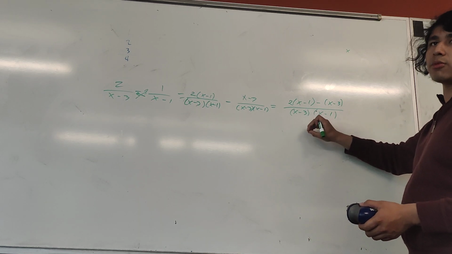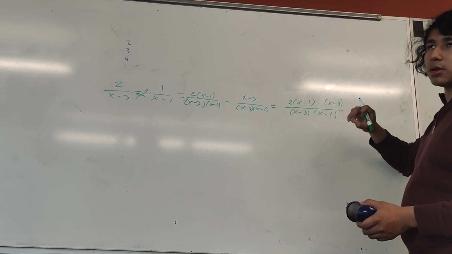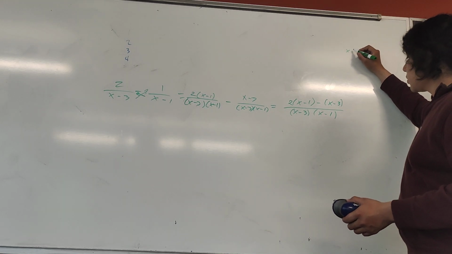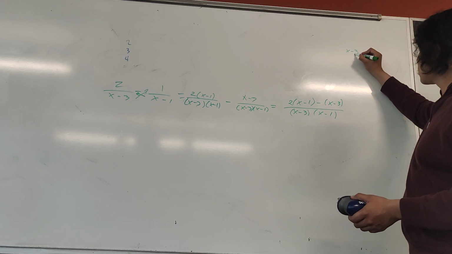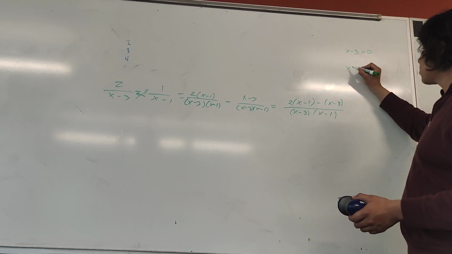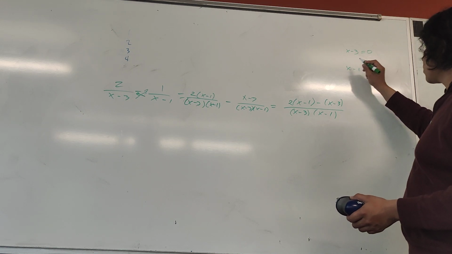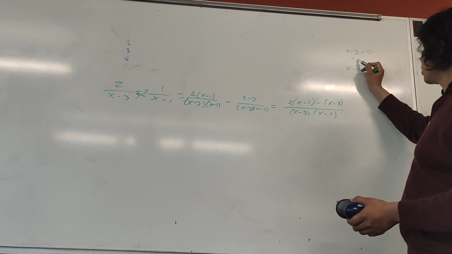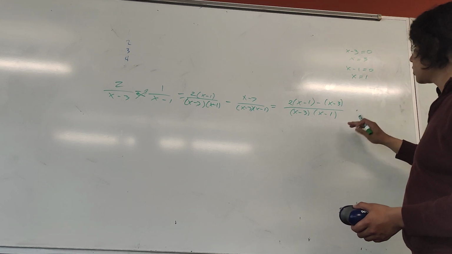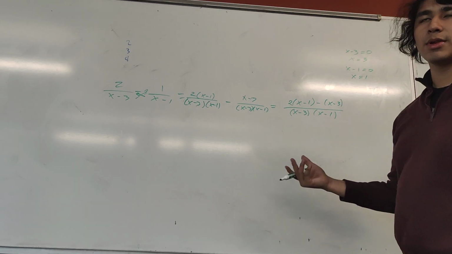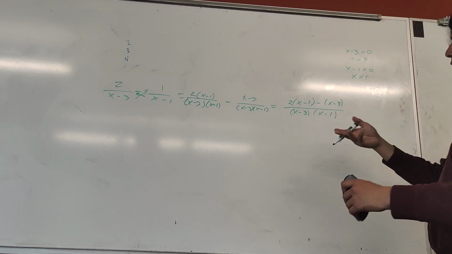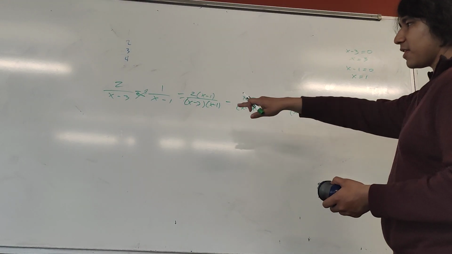Because the denominator, like we said, cannot be undefined. So here we have x minus 3 equal to 0, and x minus 1 equal to 0. Here we have a simplified version of it, like combining them together, basically. That's the purpose of this method.